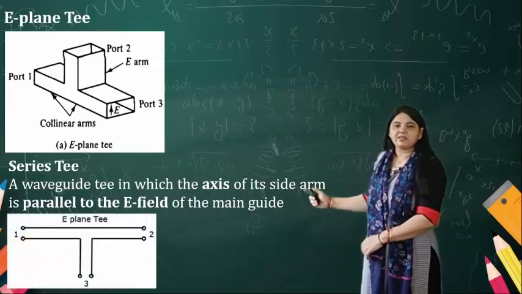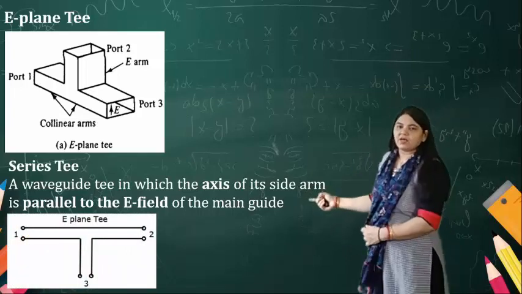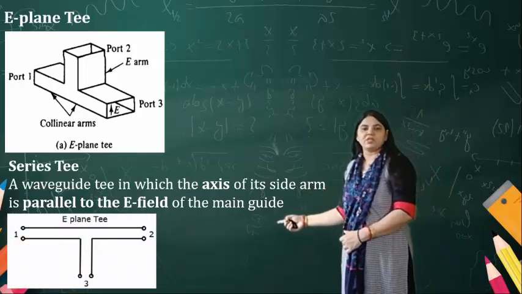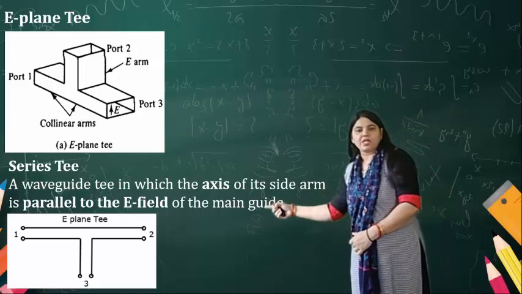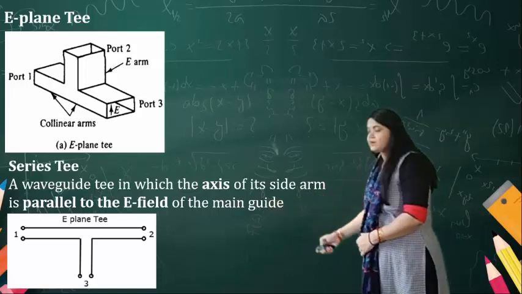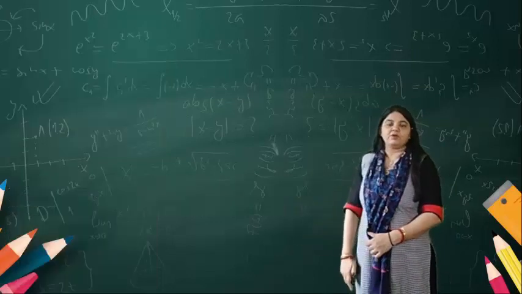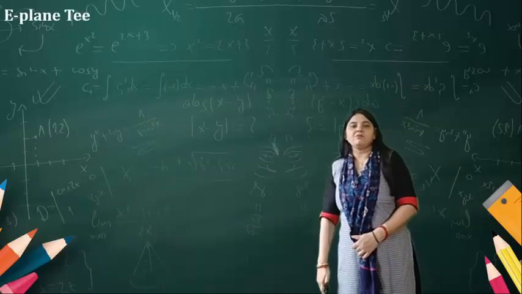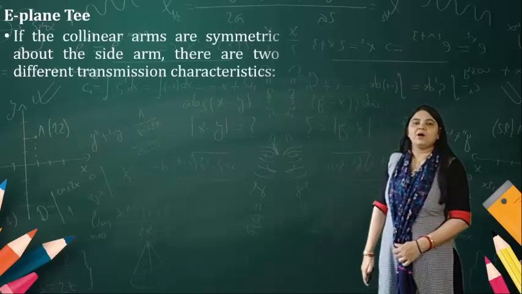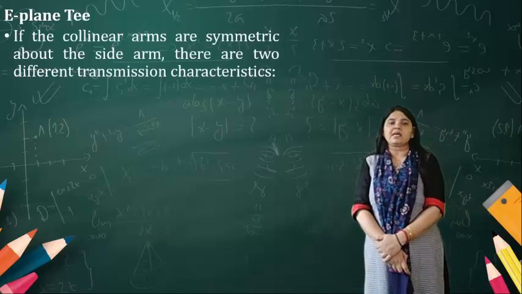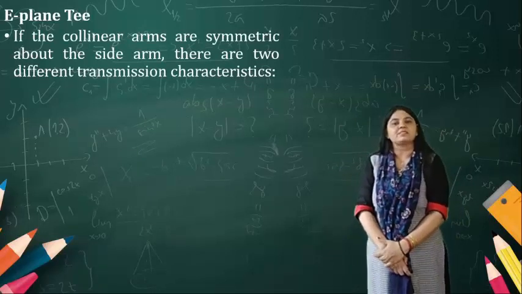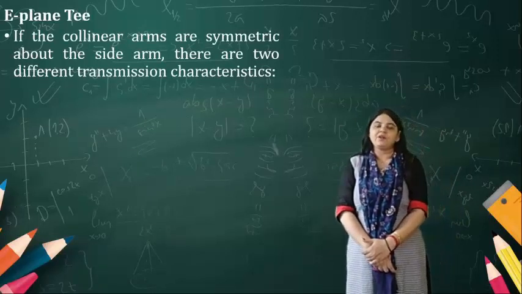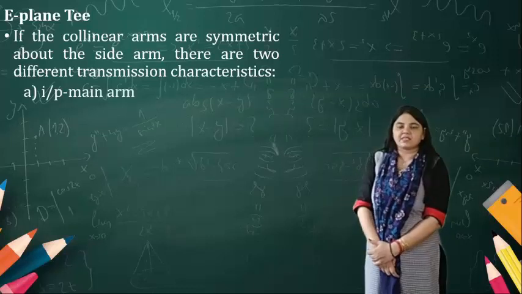Now here is another way I could draw the diagram representation of the E-plane T: port number 1, port number 2 and port number 3. If the collinear arms are symmetric about the side arm, there are different transmission characteristics.